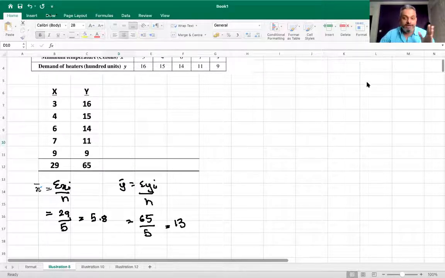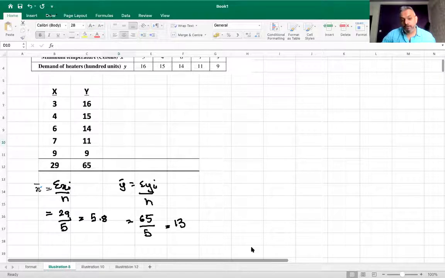They are alternative methods of finding the answer, but your calculation will become complex because x minus x bar will be a fraction, then the square of x minus x bar will also be a fraction, then x minus x bar into y minus y bar. So lots of fraction calculations become complex. That is why over here we will not go for that formula.